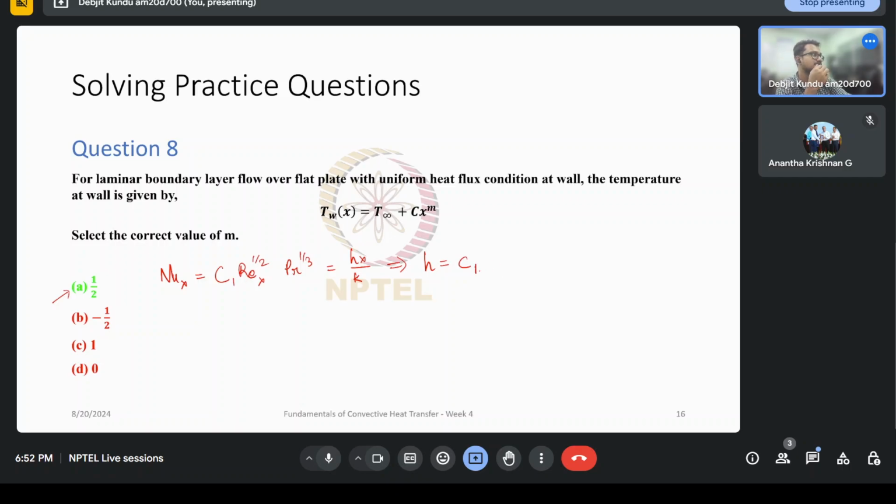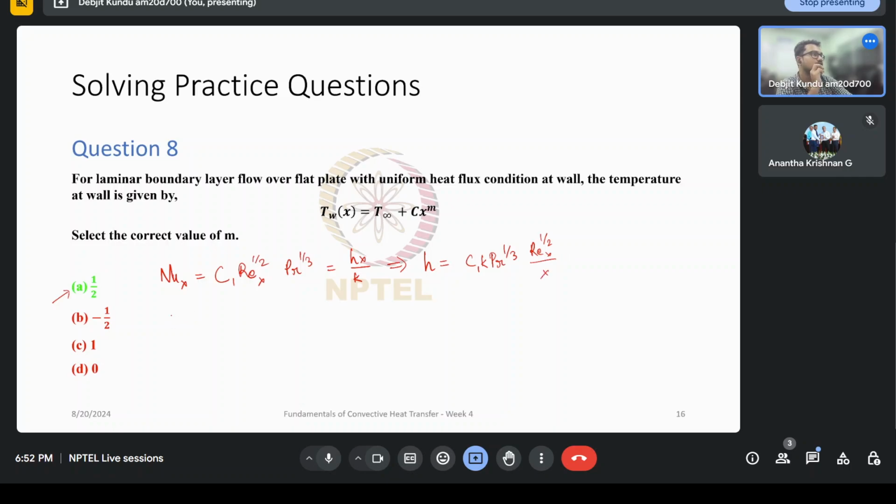I would say some c1. If this is c1, this is let's say c2. And Re power half, let's break it down. So Prandtl number also I'm taking as part of constant K. Let's just call this C1 K Prandtl number, and I have Re_x power half, or Rx power half, by x.